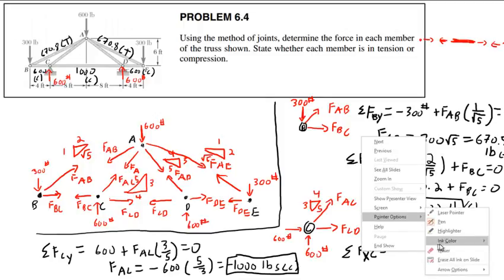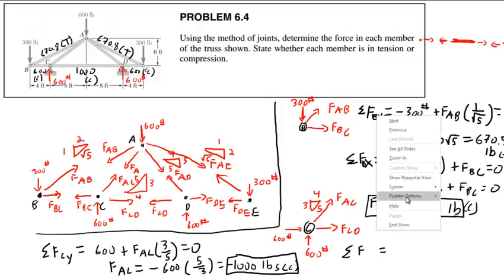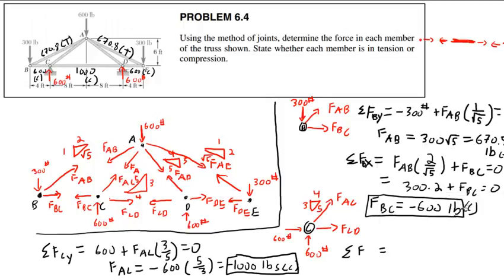For consistency, sum of forces joint C in the X direction. There we go. So I'm going to have 600 plus FCD plus FAC times 4 over 5 equals 0.